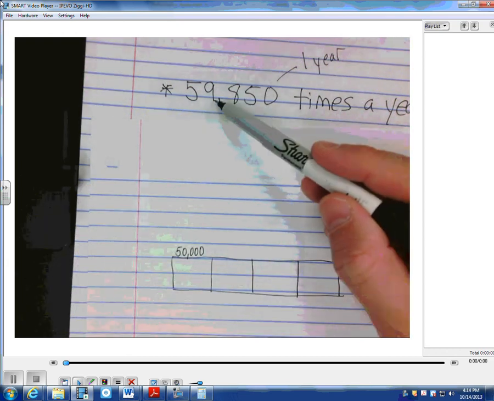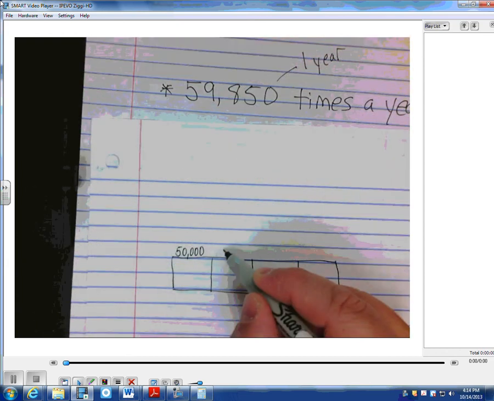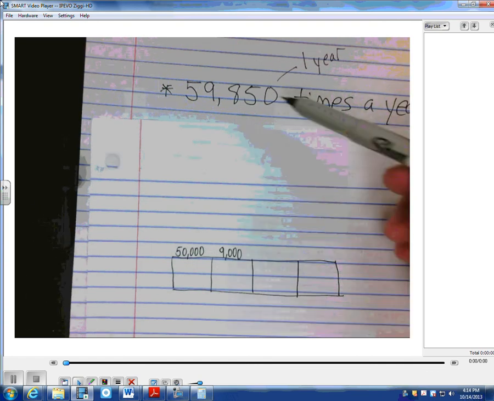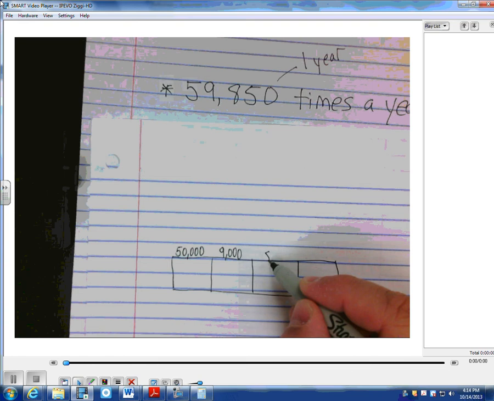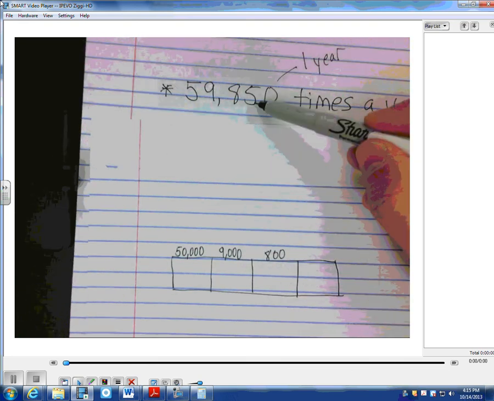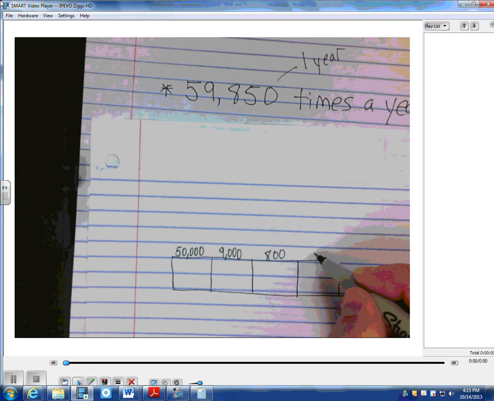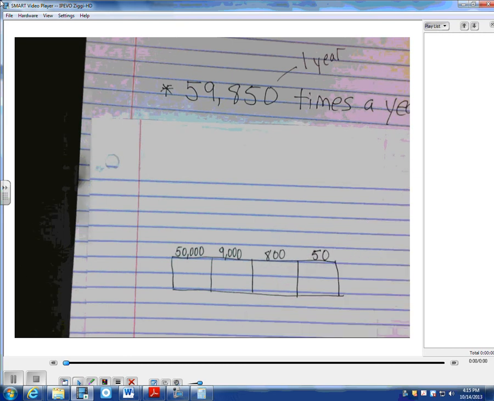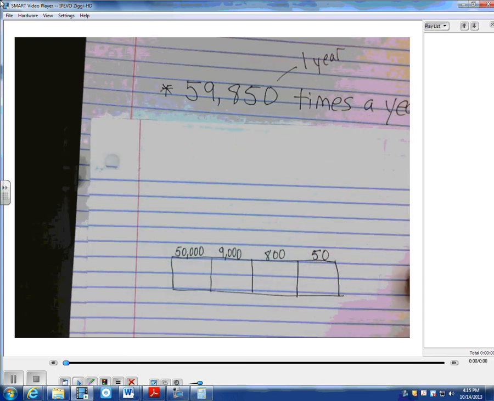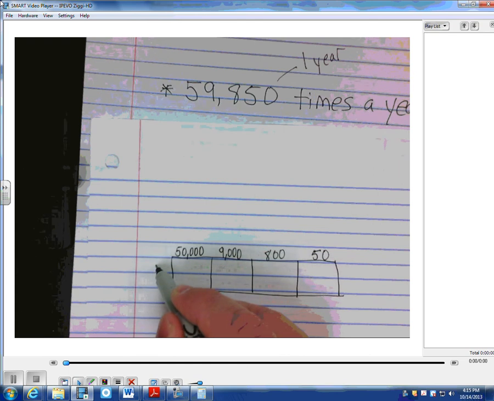This number here represents 9,000. This number here represents 800. This number here represents 50. And there are no ones. And then I know this number would be 8.